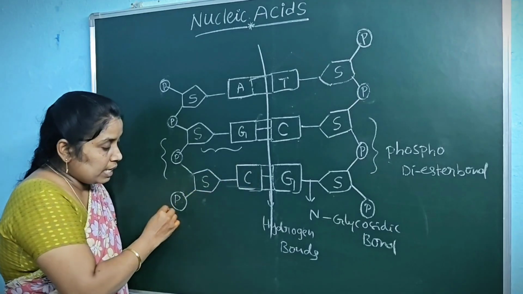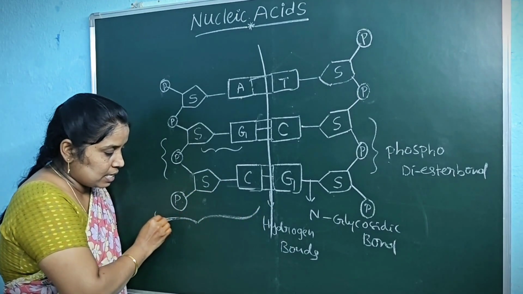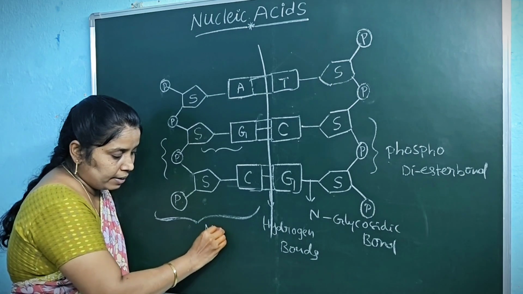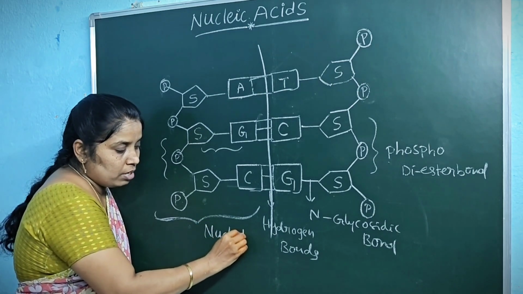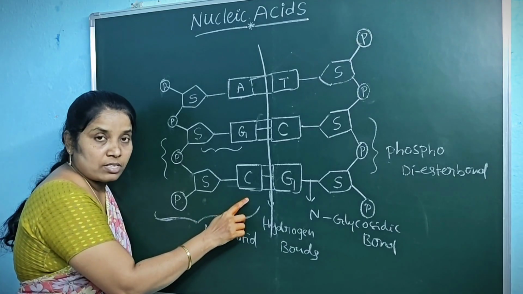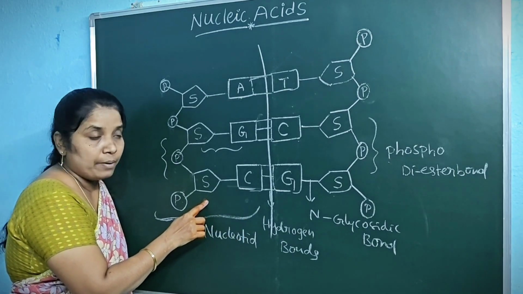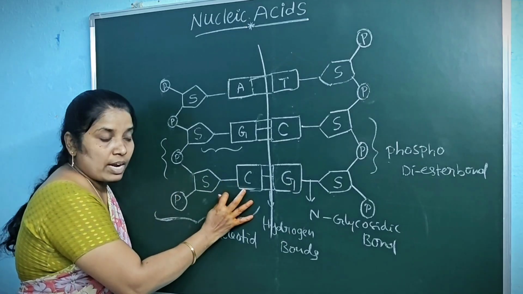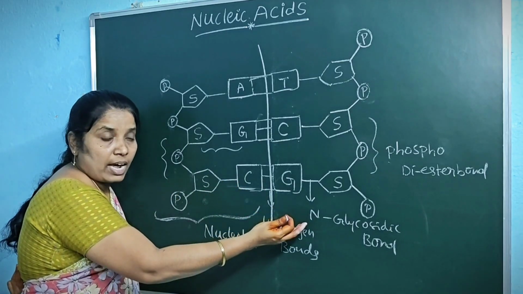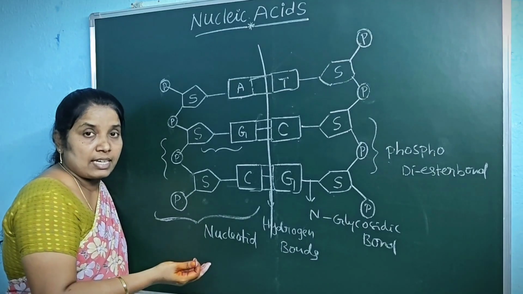Okay. So totally this is called a nucleotide. The combination of phosphate, sugar and base is called a nucleotide. Base plus sugar is called a nucleoside. Okay, so this one strand is attached to the other strand with the help of hydrogen bonds. I will explain this in the next session.